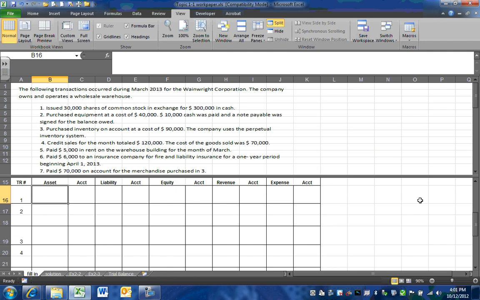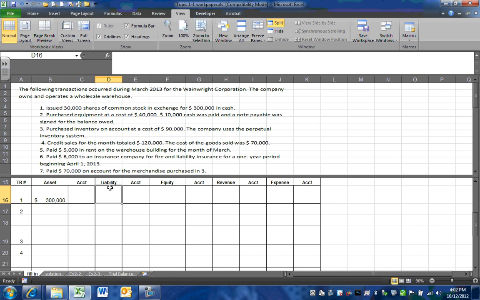So let's begin by looking at the first transaction where we issued shares of common stock, and this represents paid-in capital, and the owners are going to invest $300,000 in cash. Well, the first thing to understand is that this $300,000 does not represent revenue. We don't sell our own stock to our owners. We issue the shares. So we're going to be receiving cash, which is an asset, and we're going to be increasing our assets by $300,000.